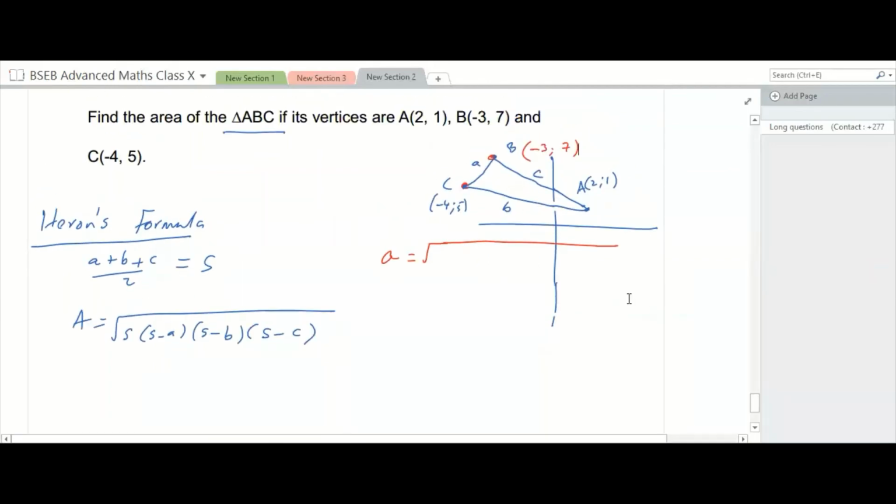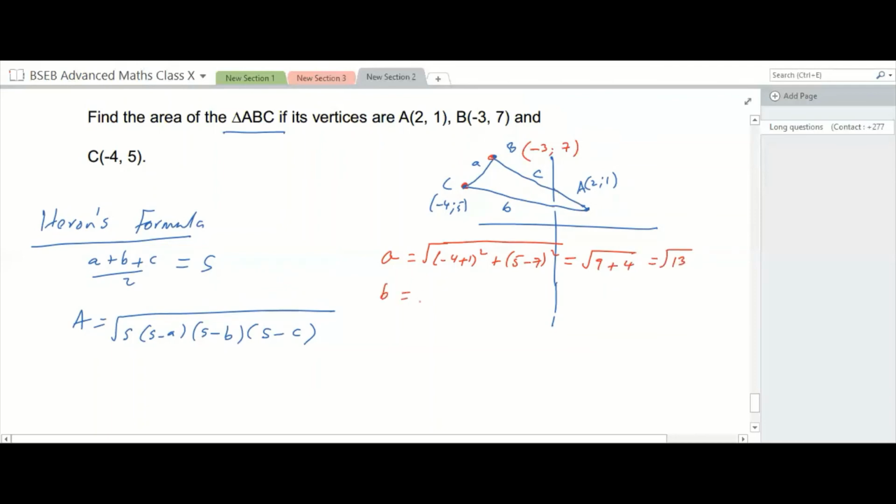So A is equal to the square root of minus 4 minus minus 3, all squared, plus 5 minus 7, all squared, which is equal to the square root of 9 plus 4, which is square root of 13.